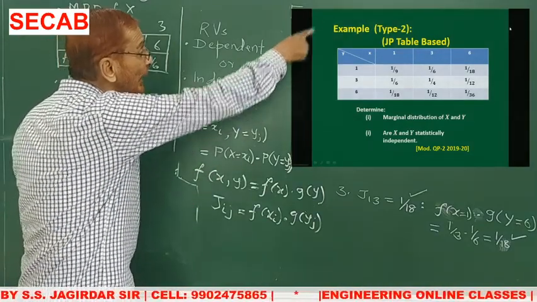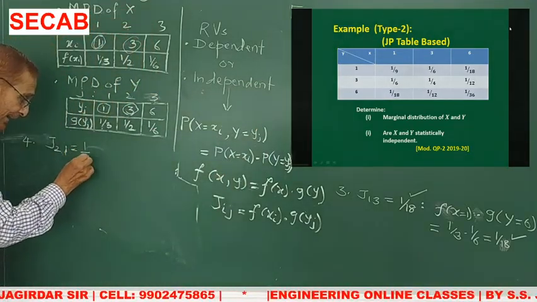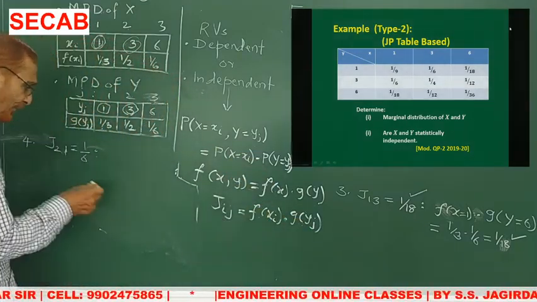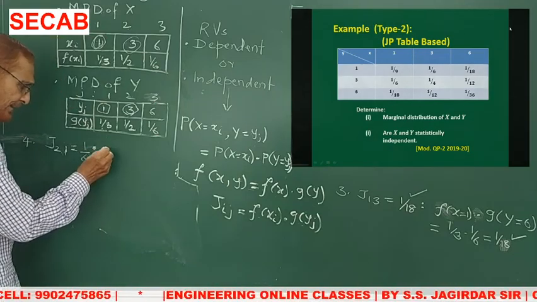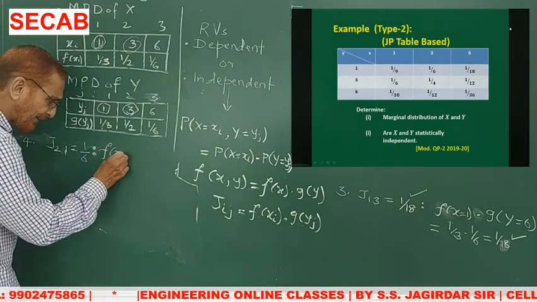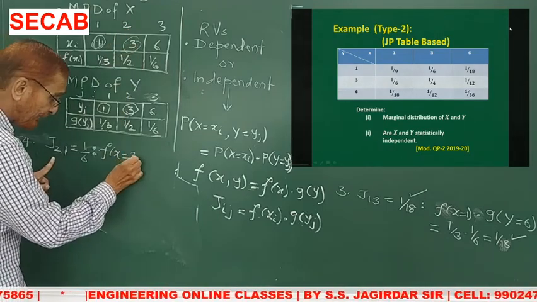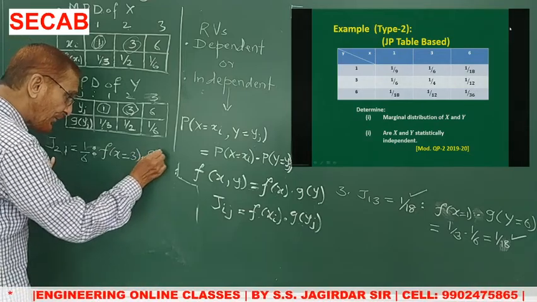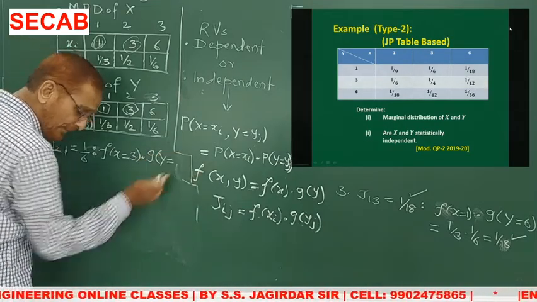Okay, now this side we have got. Now this side we will take. So f when x is equal to 2, which is 3, into g of y is equal to, yes, what is y equal to?